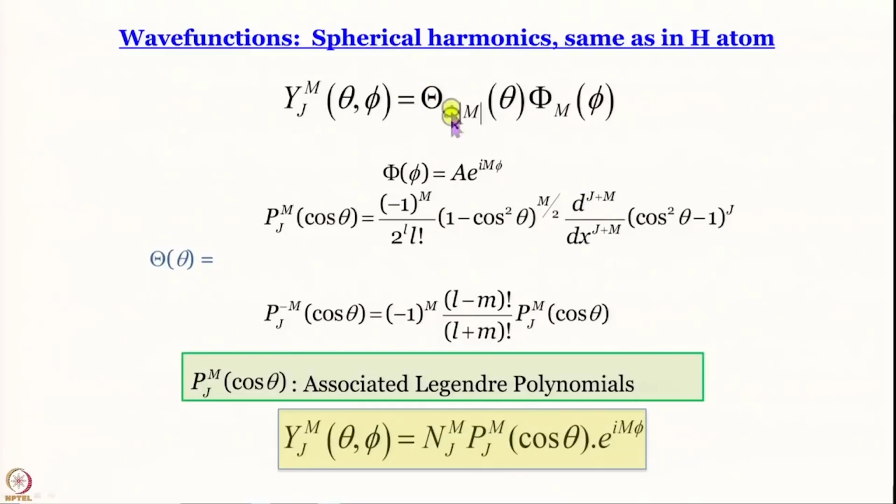There should be a normalization constant here. The phi dependent part is A e to the power plus minus i m phi, and for the theta dependent part, it is enough if you remember that it is a polynomial in cos theta. So, finally, here we have put in the constant, and this is what the wave function is. We have the Hamiltonian, we have the wave function. The next step is to apply the Hamiltonian on the wave function and extract the energy.